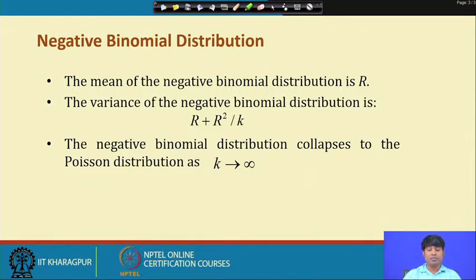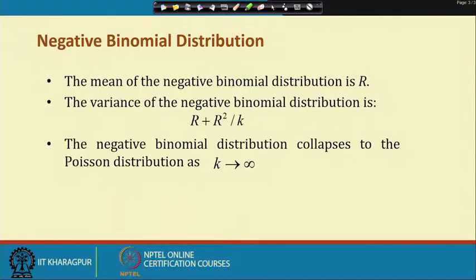The negative binomial distribution converges to the Poisson distribution if k tends to infinity. That is the same kind of structure as the central limit theorem we discussed, where if you increase the sample size, that is, when n tends to infinity, every distribution will converge to the normal distribution.